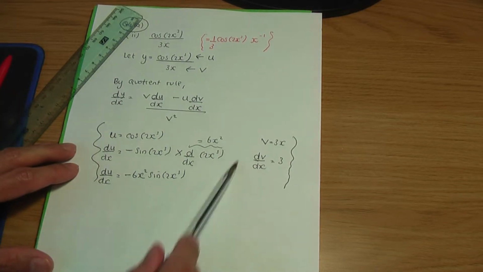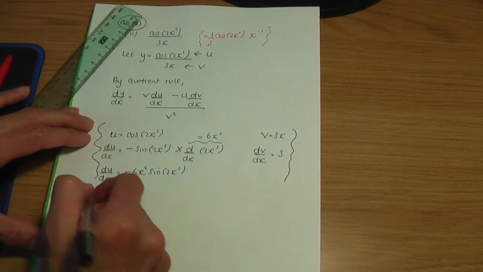Now let's put this data into the quotient rule. Let's see what we get as a result.